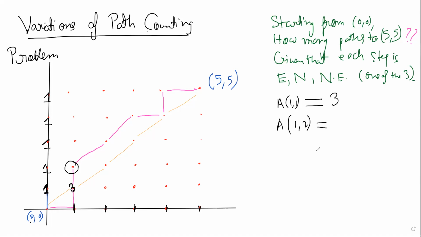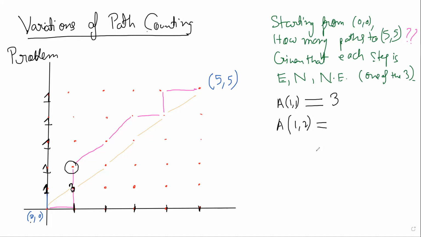Remember, you can also move diagonally. You can also use the northeast step. Okay, why 6?